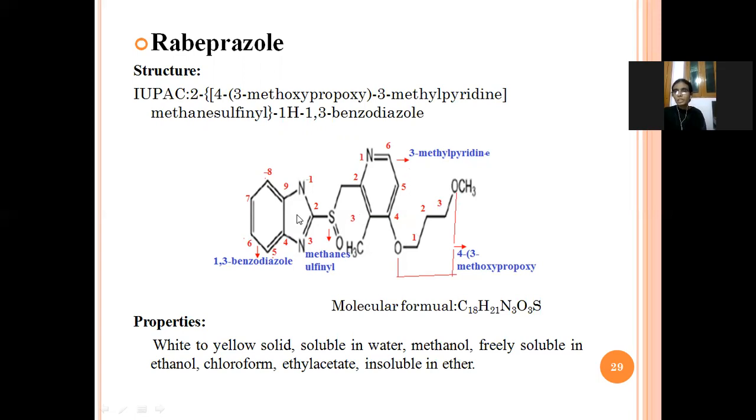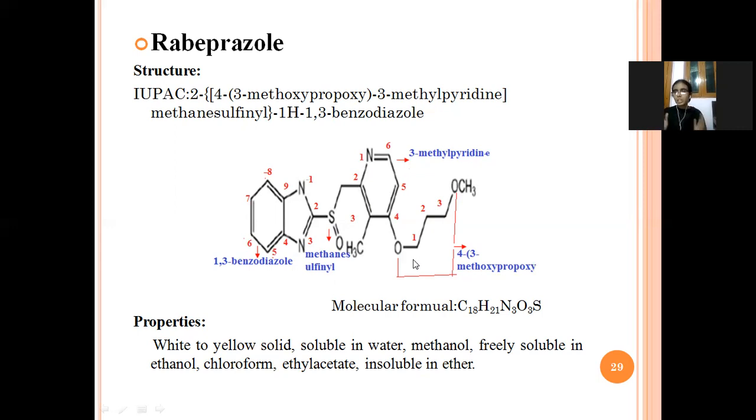See here, this is a benzodiazole, 1,3 benzodiazole. Here in the second position, the methane sulfonyl is attached, and here the pyridine. In the third position, methyl group, and here in the fourth position, this is a methoxy, and propoxy is attached.